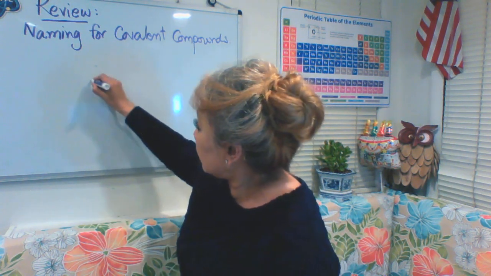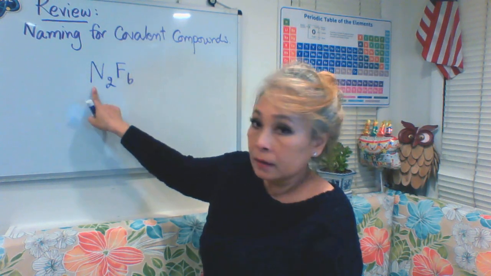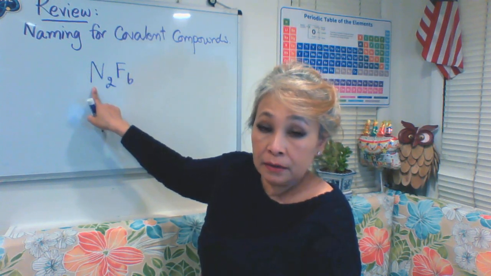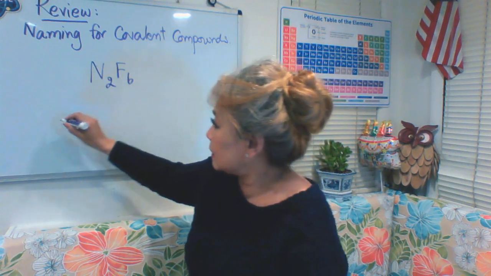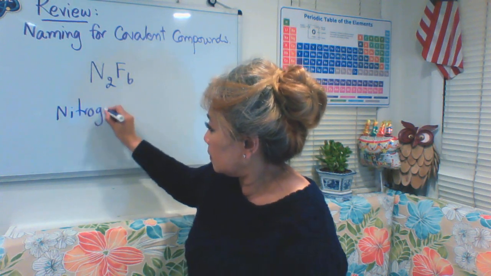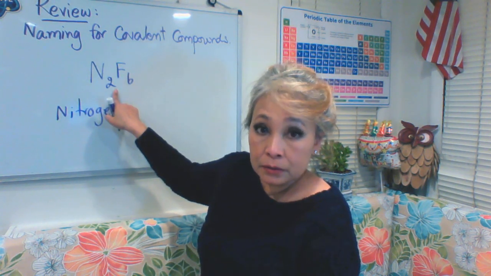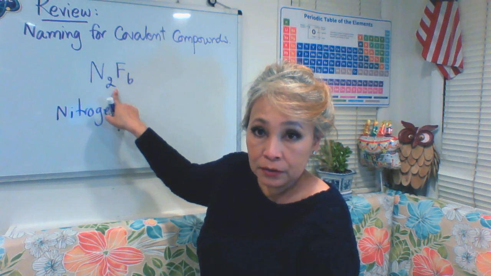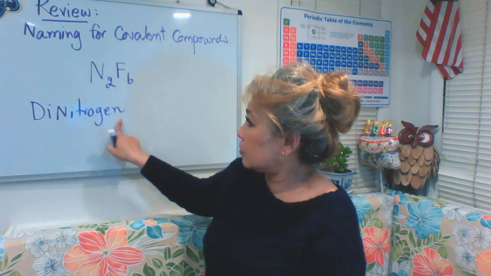Let's get N2F6. The first element, the name following the periodic table. N. Yes, nitrogen. How many atoms of nitrogen? 2. What is the prefix for 2? Di. Dinitrogen.